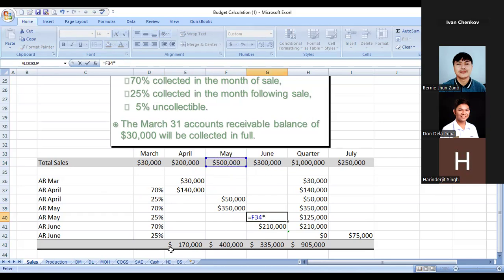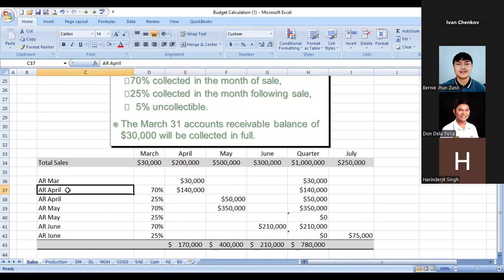Excuse me, Professor? Yes. Isn't the 25% after the 70% for April? Which one? The second one, the 25%. After the 75%? So, which month are we talking about? April. Yeah, we have 70% and then we have 25% for April.